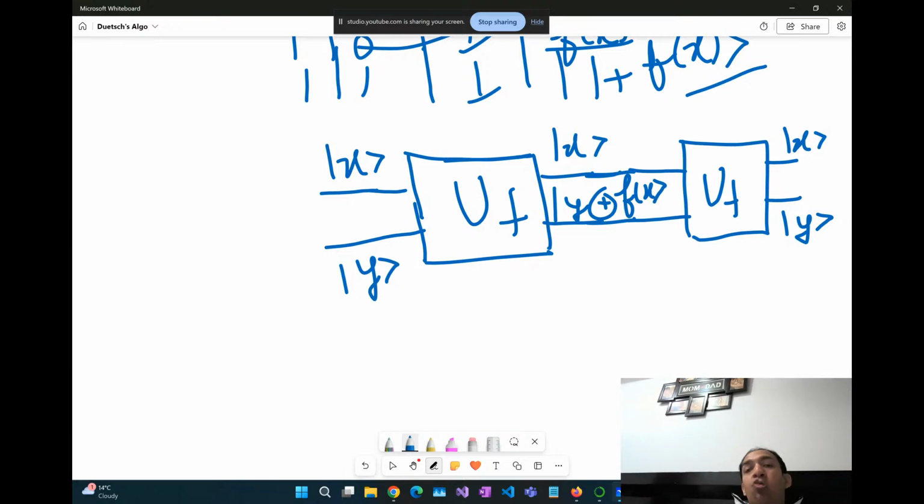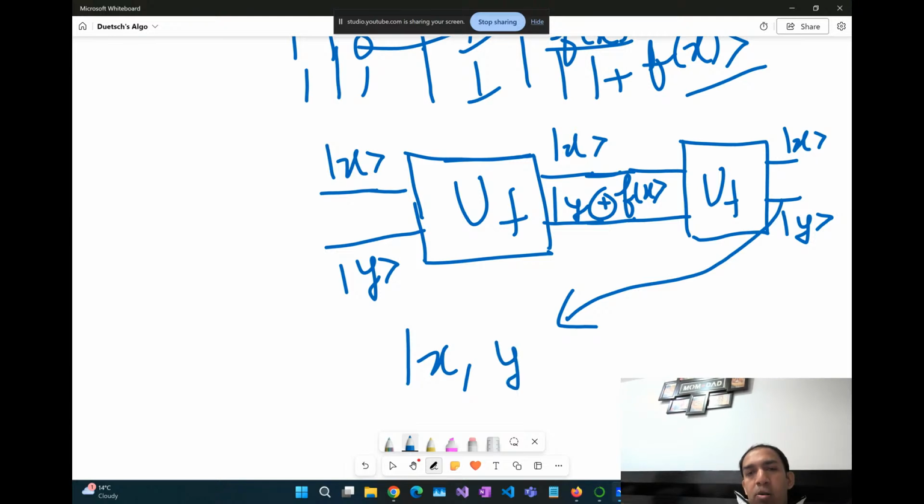Now, how do we confirm that? If you look at the equation, what should be the output at this pin? Let's think about it very carefully. The output at this point should be something like cat of y with the particular fx, which was this one, and then again doing an XOR of this one.